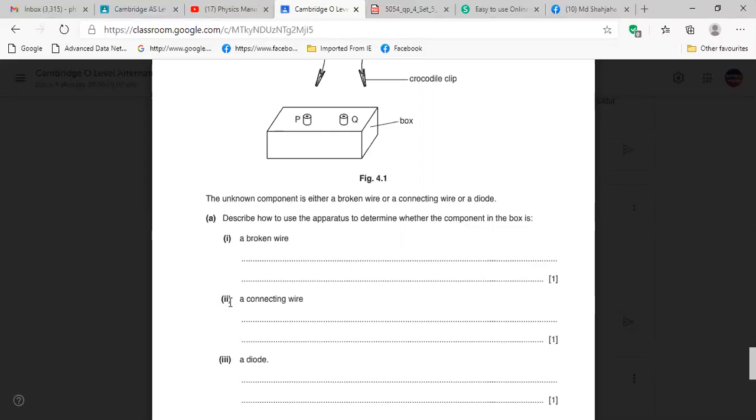Is it clear? Only when the diode is connected in forward bias, the light will light. The light will light only if the diode is connected in forward biased.